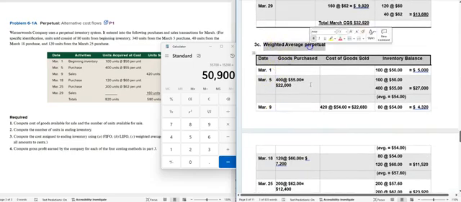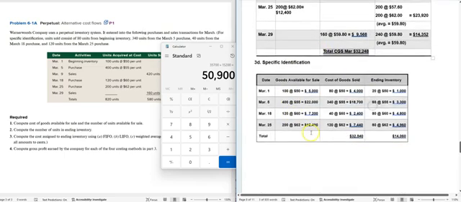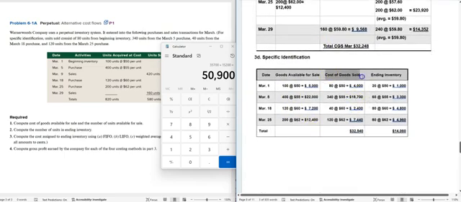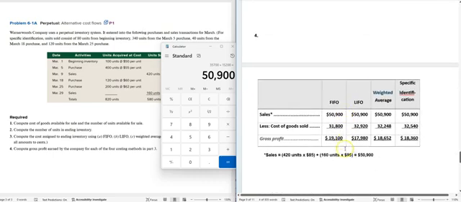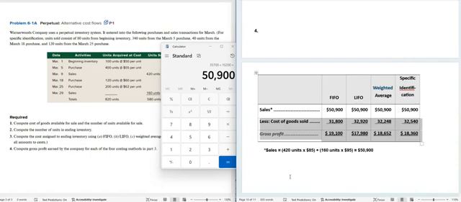For weighted average, we assigned a cost of 32,248, and specific identification, a cost of 32,540. Those are the amounts that we have listed here. The gross profit is a little bit different under each of these methods, right? And the reason the gross profit is different is because each of these methods comes up with a slightly different amount that we assign to the inventory as it's sold.